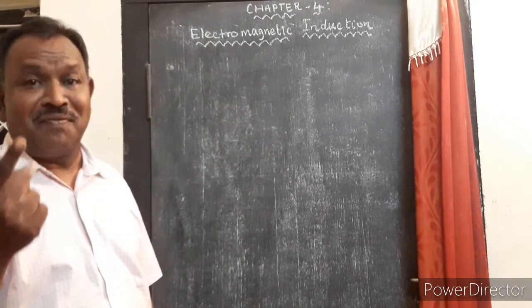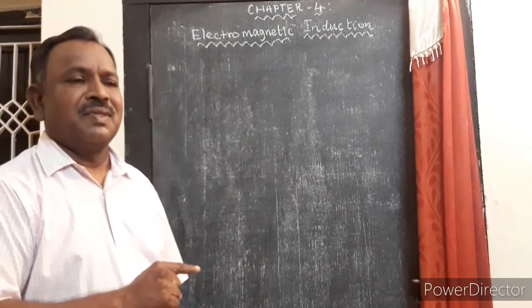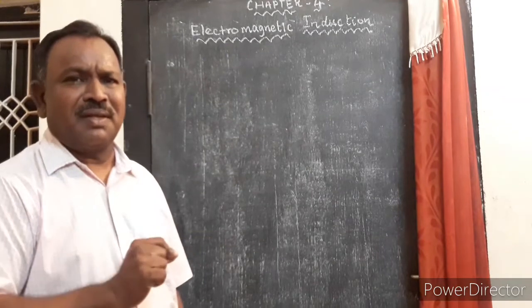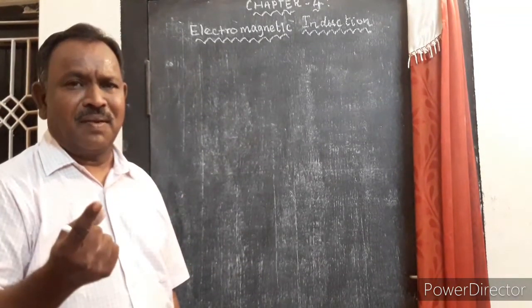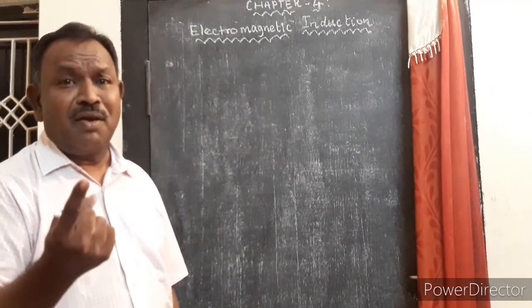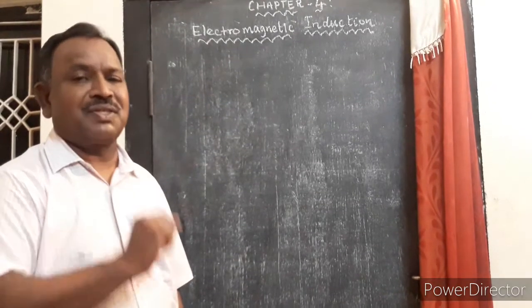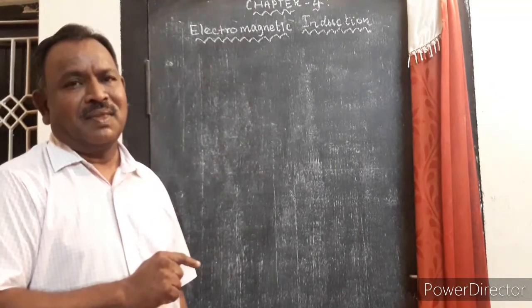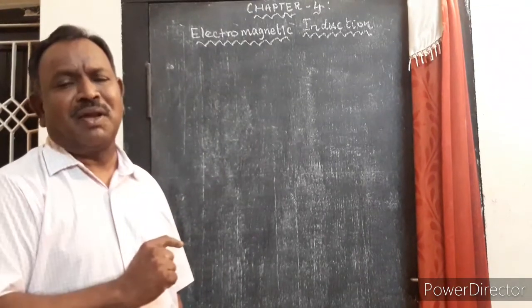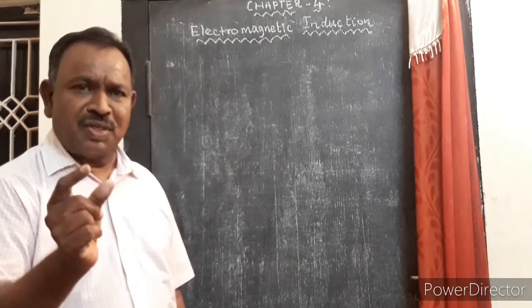produces a magnetic field. So there arises a question: when current produces a magnetic field, why can't the magnetic field produce current? So the reverse effect, that is, change in the magnetic field, produces current.